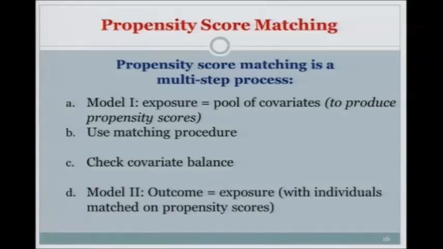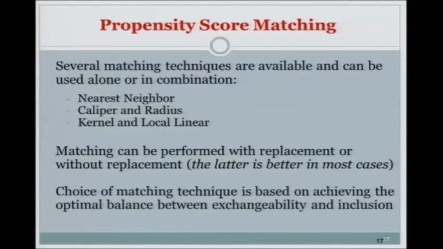And then this is your final outcome model. So if your outcome is birth outcomes, this is birth outcomes equals your program. Now your individuals are matched on propensity score, but this is a very simple model because you took care of all of that control for covariates in matching by propensity score. Okay? We'll go through each of those steps.